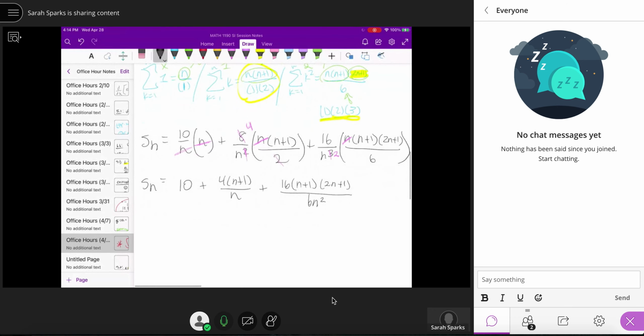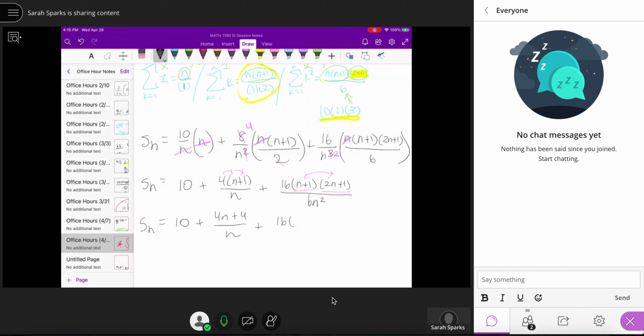All right, so at this point, we want to simplify as much as possible. So we're going to distribute that 4 to each of those terms, and then we're going to multiply these two to each other. So we're going to get 4n plus 4 divided by n plus 16, and then n plus 1 times 2n plus 1.